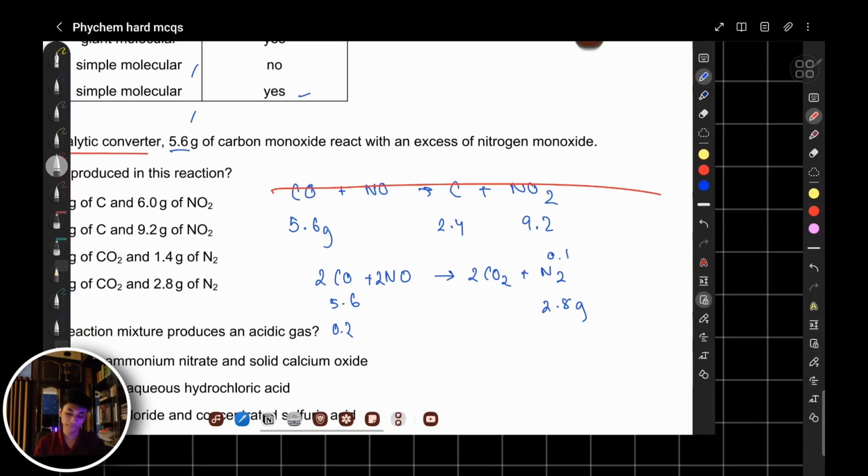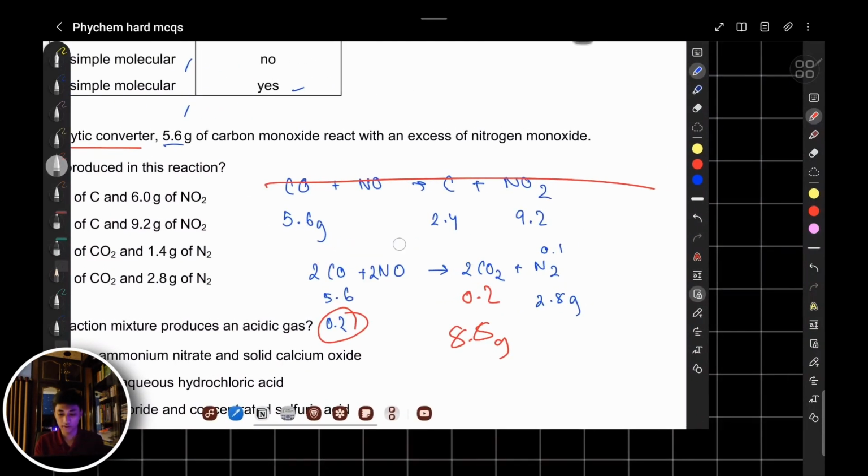You get 0.2. The molar ratio is 2:2, so 1:1. 0.2 moles of CO2 means 0.2 times 12 plus 16 into 2, 8.8 grams.